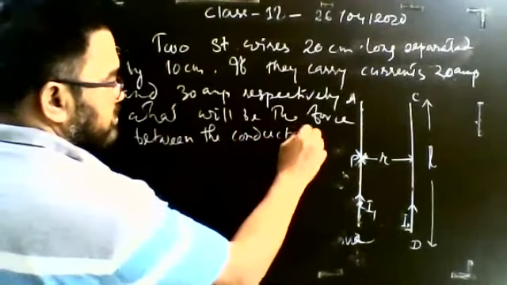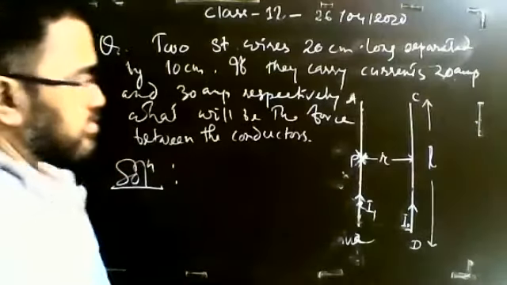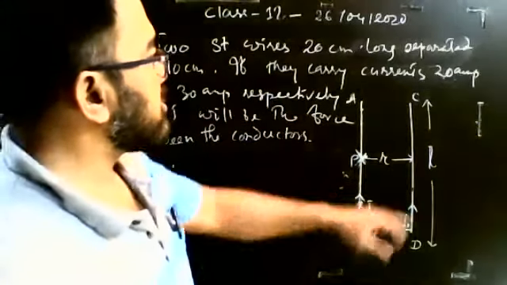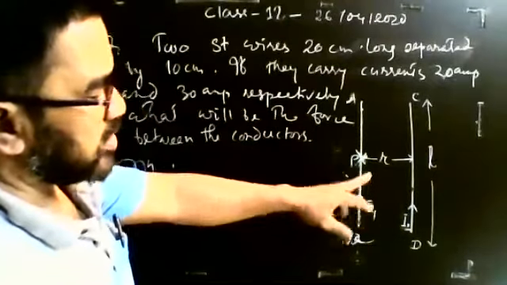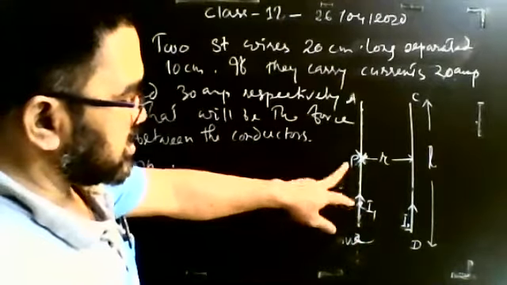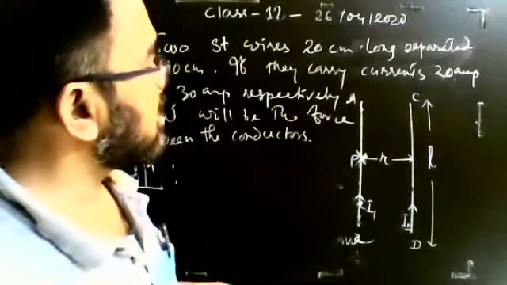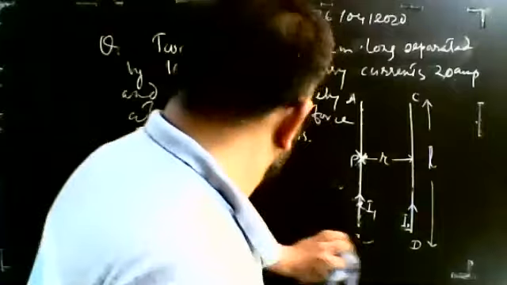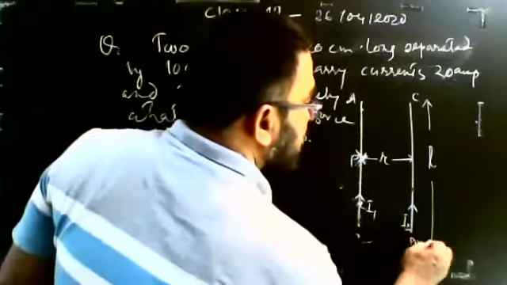So we have to find the mutual force between them. The force may be attractive or repulsive; it does not matter. We just have to find the value of force acting between them.